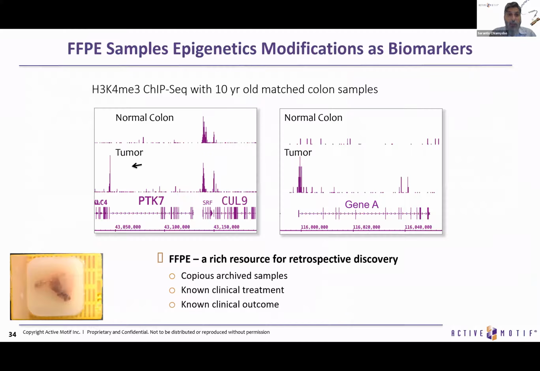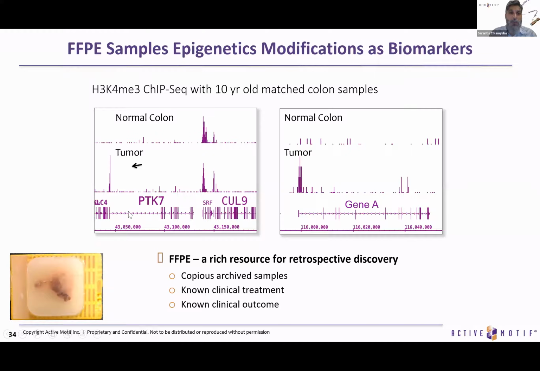Here is an example of how you can use epigenetics to identify novel biomarkers. A collaboration we had with a laboratory in the US, where we had to deal with FFPE samples from a colon. These are 10-year-old samples. The first thing that we did was to run a ChIP-seq with H3K4 trimethylation.